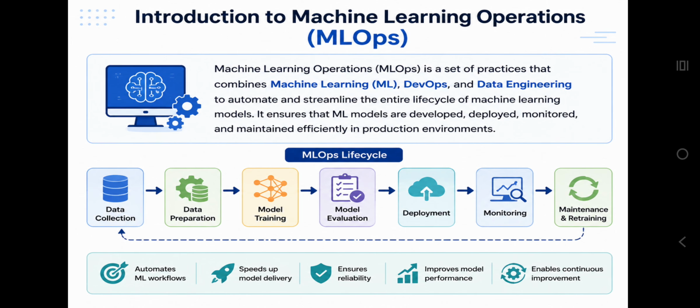So machine learning operations is the combination of earlier existing subjects such as machine learning. If you have some basics of machine learning, some basics of how DevOps has come up and evolved, and what data engineering is and how we deal with the data content, then it is easy to understand how machine learning operations works.